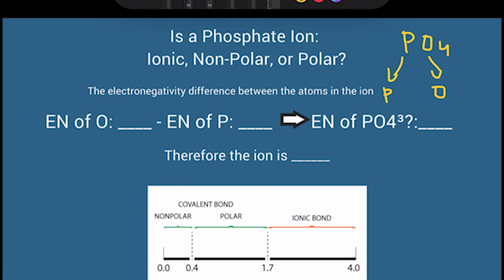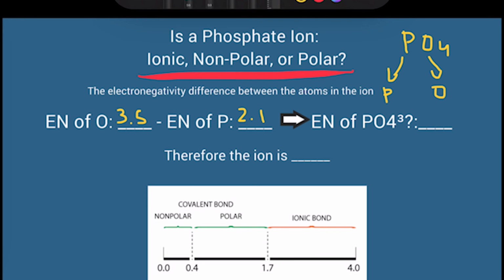To calculate the electronegativity difference between the 2 atoms in the ion, all we have to do is subtract the electronegativity of phosphorus from the electronegativity of oxygen. The electronegativity of oxygen is around 3.5, and the electronegativity of phosphorus is around 2.1.